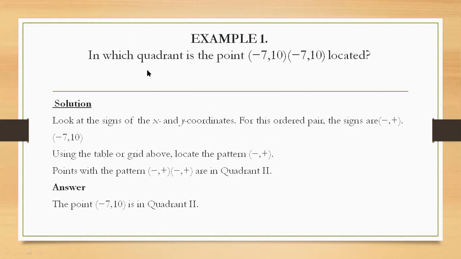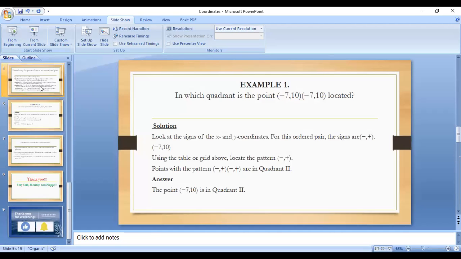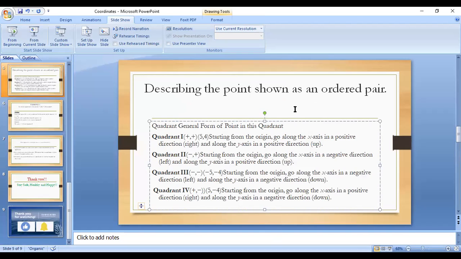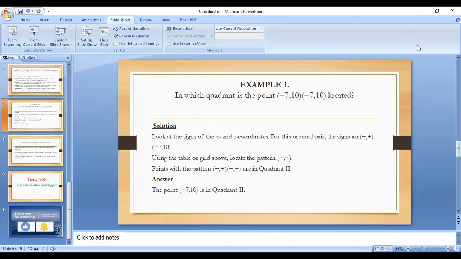And here, in which quadrant is the point (-7, 10) located? Here the coordinates are repeated again and again.